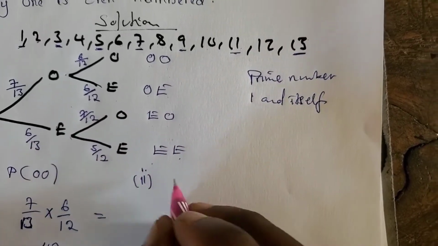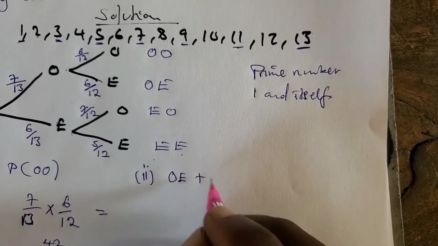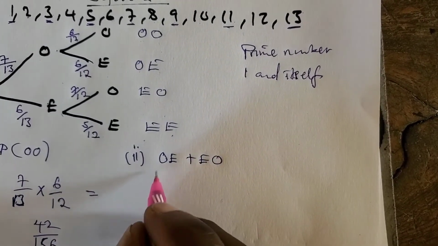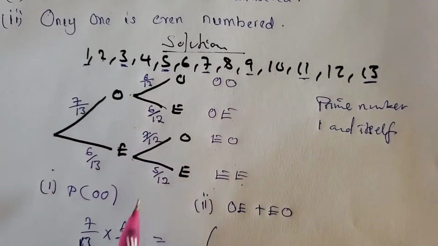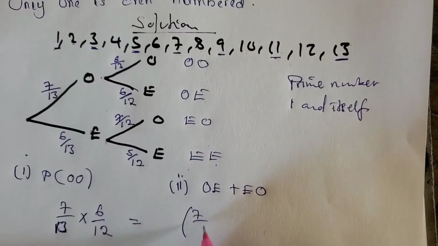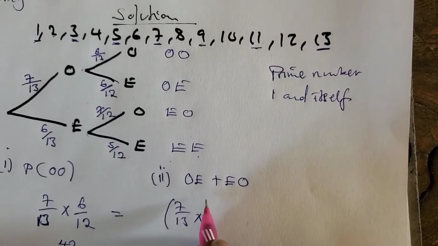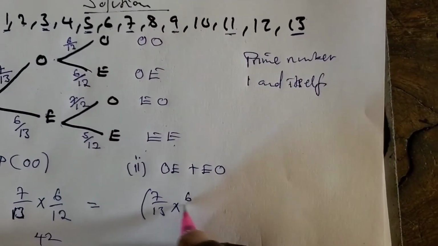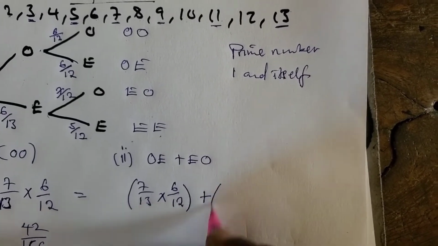So we're going to do it like this: odd even plus even odd. Then here the odd number for the first one, odd even, is 7 over 13 multiplied by the even number here, 6 over 12.